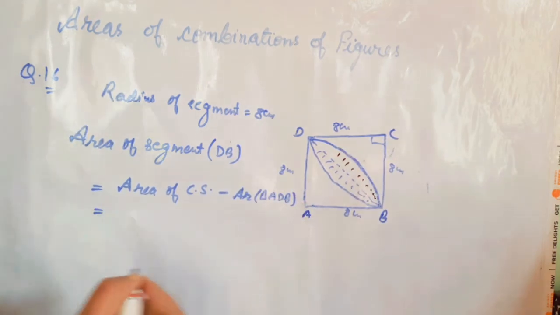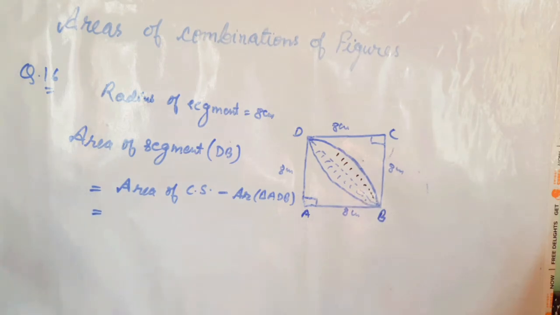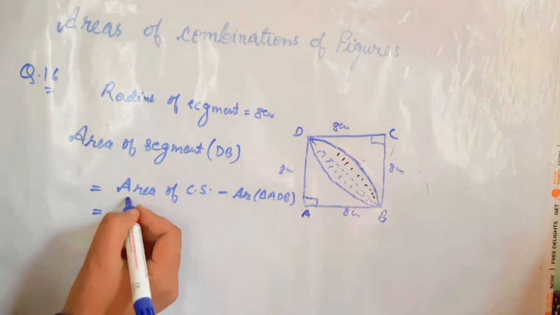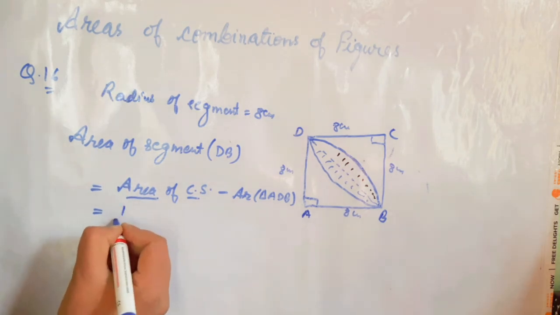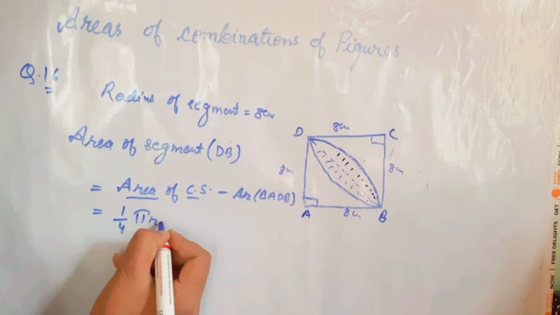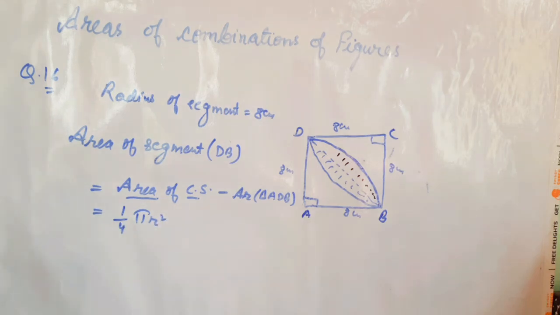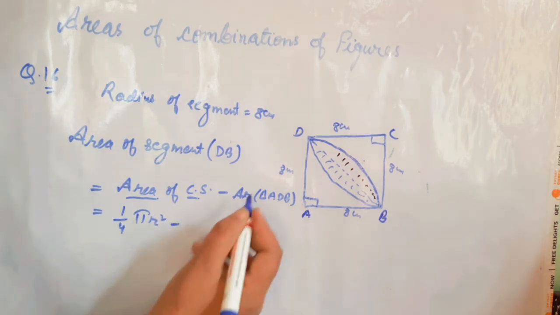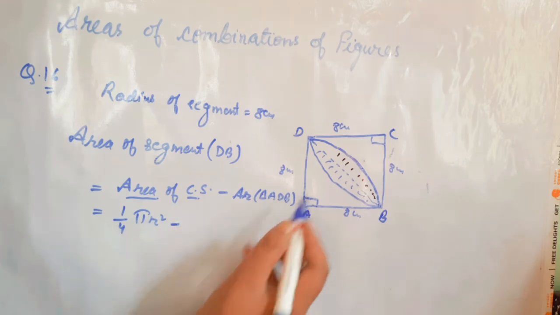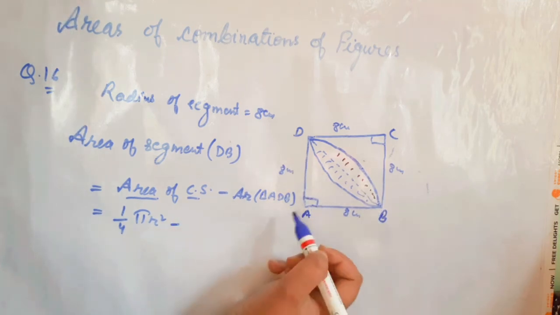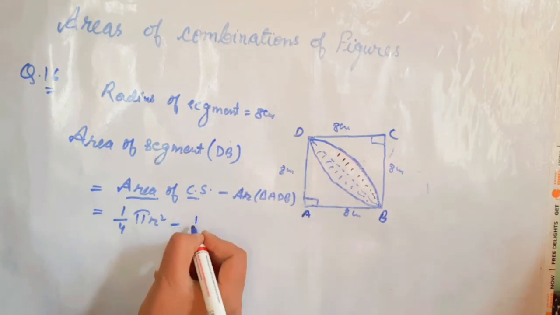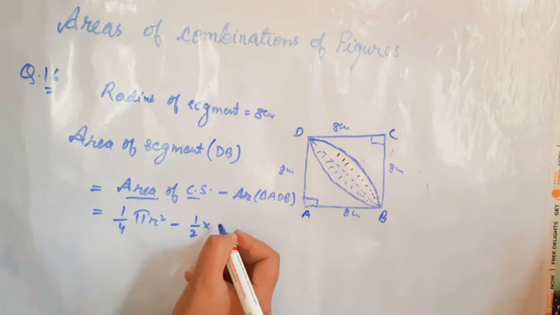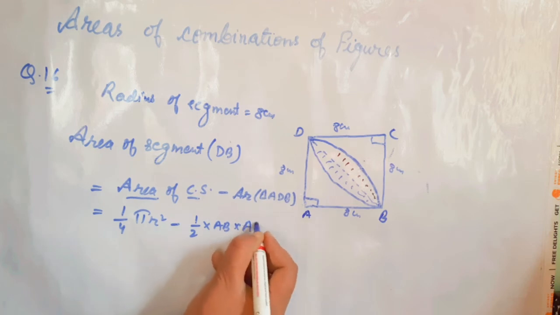So triangle ADB is a right angle triangle and area of corresponding sector, it is a quadrant of circle, so we know the area of quadrant is 1 upon 4 pi r square, or you can use angle equals to 90 degree also, minus area of triangle ADB. So it is a right angle triangle where base is AB and perpendicular is AD. So this will be equals to half into base into perpendicular, that is half into AB into AD.